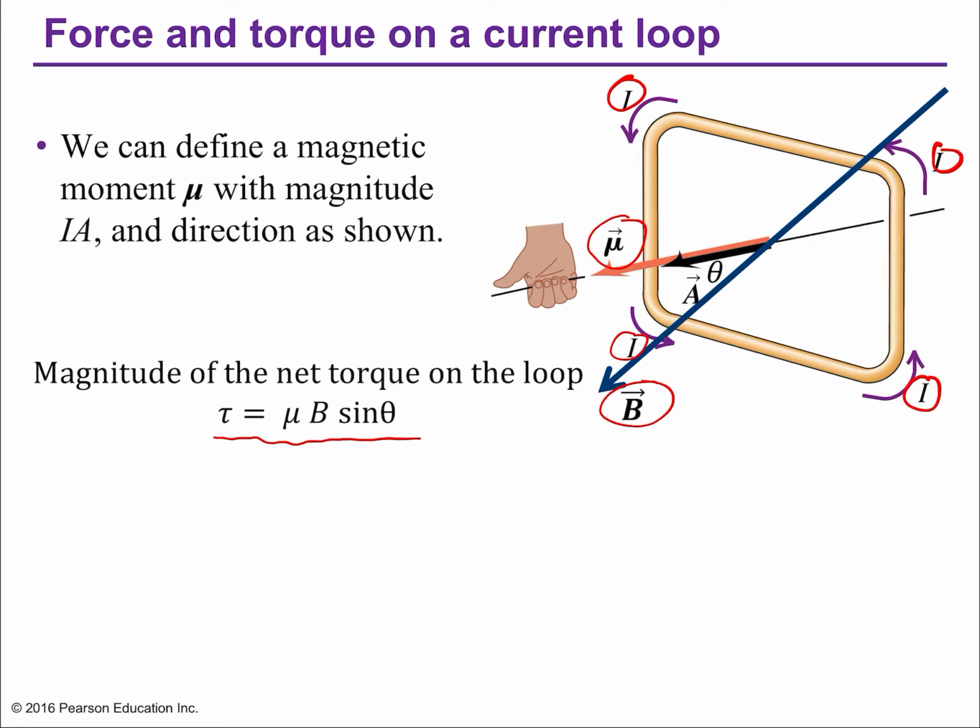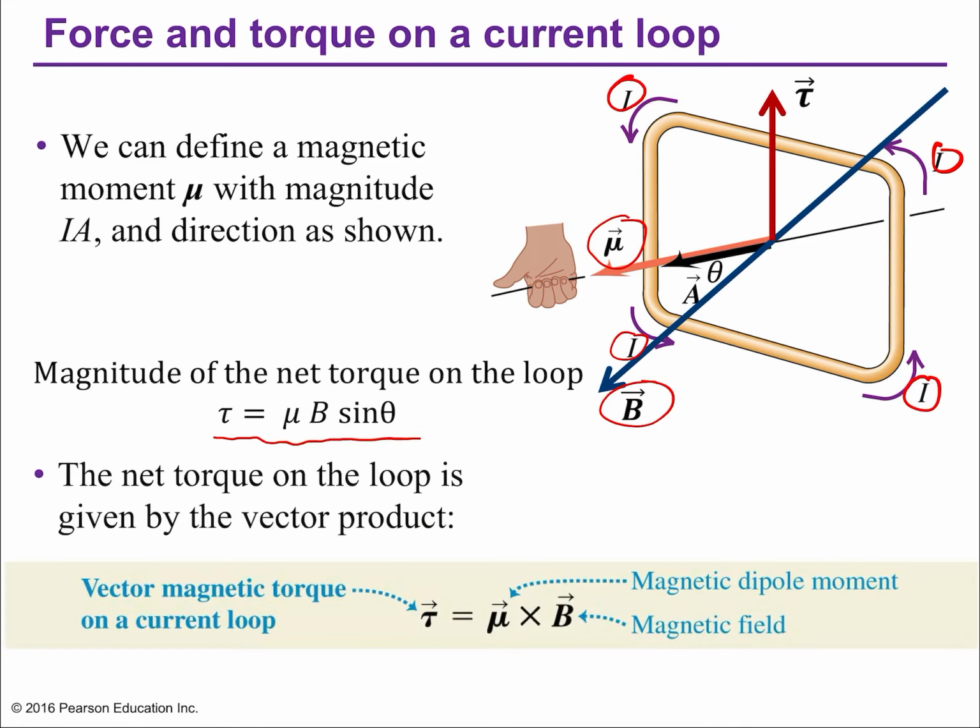And the torque will therefore be, now you can see what this equation applied to this diagram gives. That's the magnitude of the torque. What about the direction? Well, you always write it as a cross product of two vectors. And if you do that, you can see the direction of the torque.